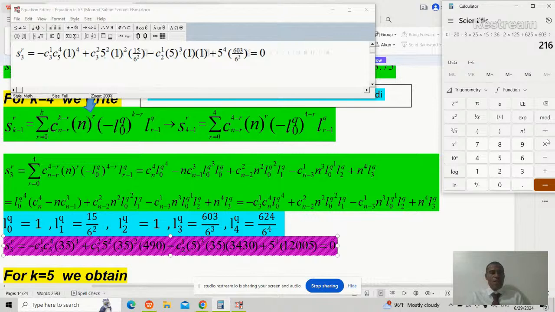So this one has to be equal to, I can multiply this by 216. I will get 325,305 divided by 6 cubed.